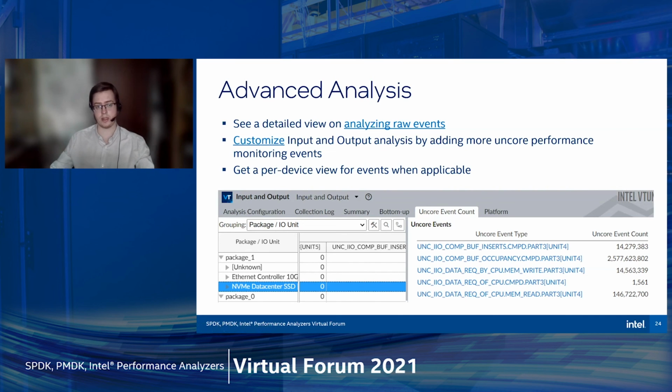This is the presentation from our previous summit. And with this, you can customize input and output analysis by adding more on-core performance monitoring events. And then you can get even a per device view for these events when it is applicable. For example, in this case, I can see the raw event counts for my SSD, like for both of my SSDs working in this application.